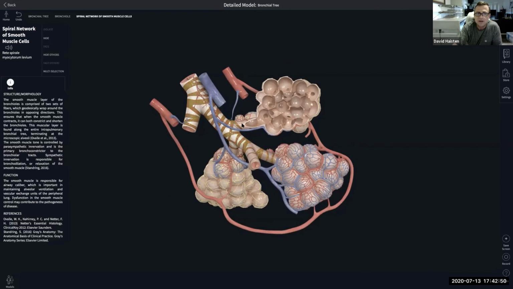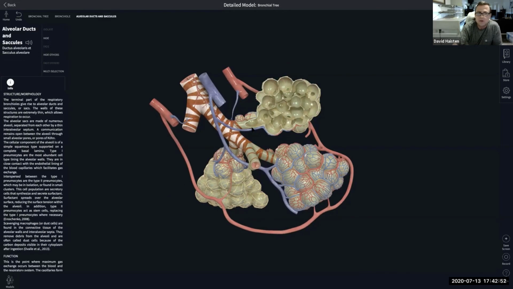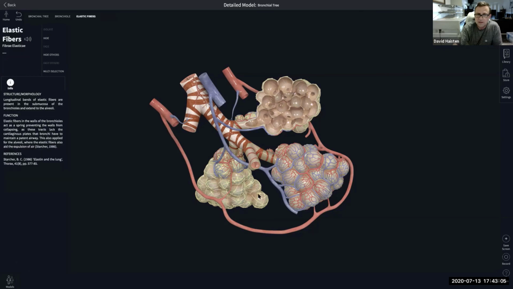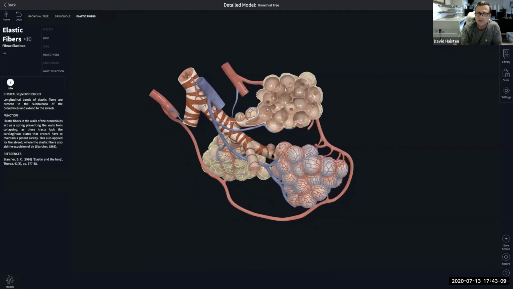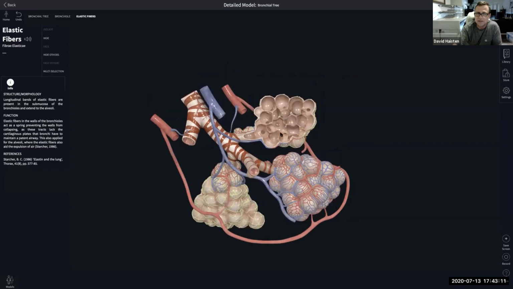So this right here is an alveolar duct, running down, and then we have all the alveoli. This whole cluster right here is an alveolar sac. We see little fine elastic fibers around the alveoli. There's also elastic fibers on this. I would guess that this is an alveolar duct right here.